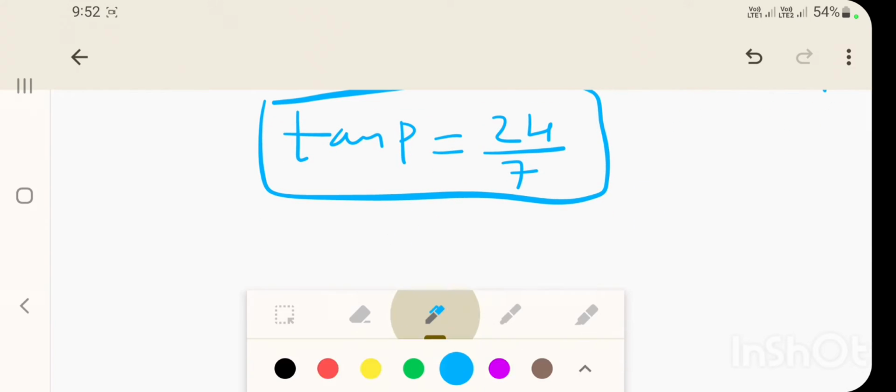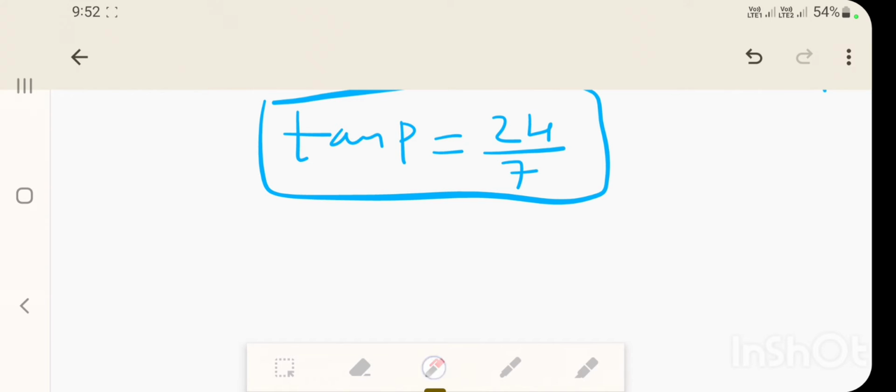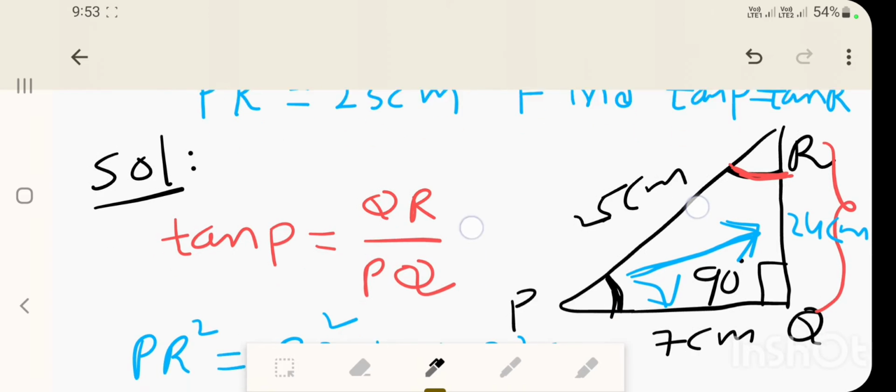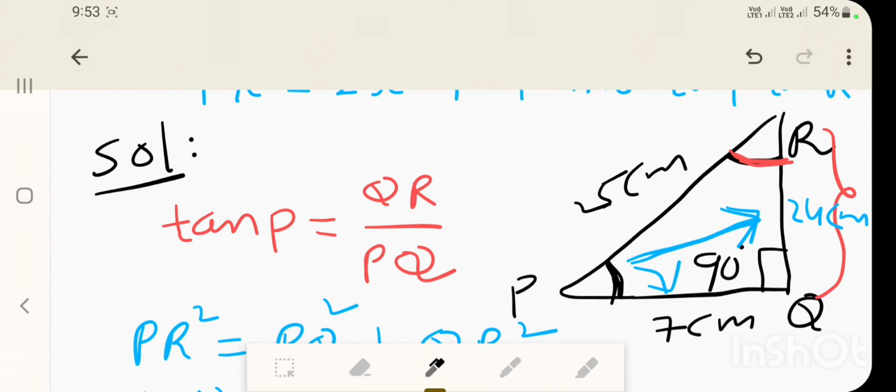Okay, and they're asking to find tan P minus tan R, so we have to calculate tan R. Tan R is equal to, when we look at the angle R, opposite to angle R we have PQ, and adjacent to angle R we have QR.